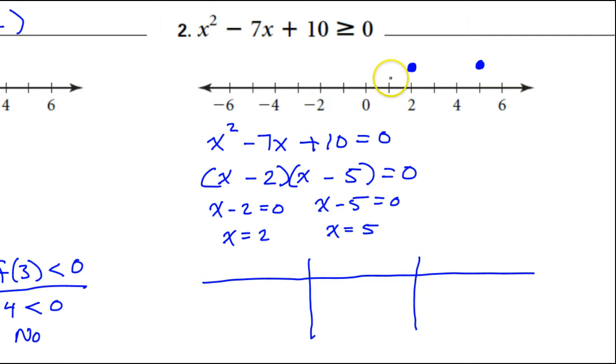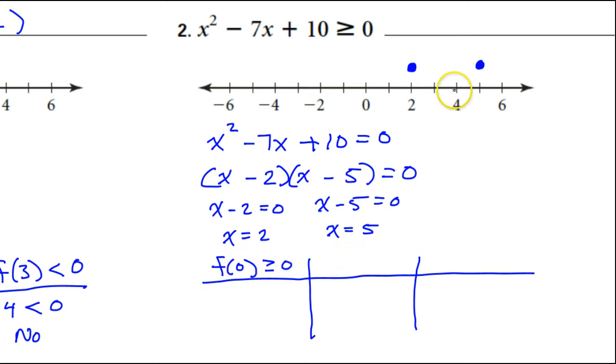So let's pick a test value that's to the left of 2. I like 0, so I'll pick 0 as a test value. And remember, for this function, the solutions need to be greater than or equal to 0. So we need to see, is the function greater than or equal to 0 at this point?